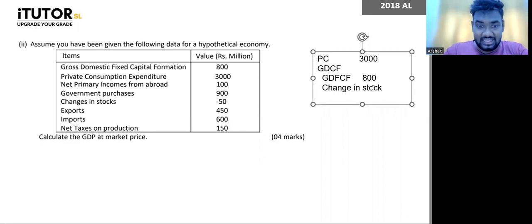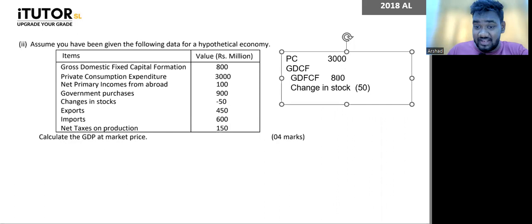In our question, they have said minus 50, right? Then how much is my gross domestic capital formation value? So my gross domestic capital formation will be how much, guys? It will be 750, right? How did the 750 come? This 800 then minus 50.